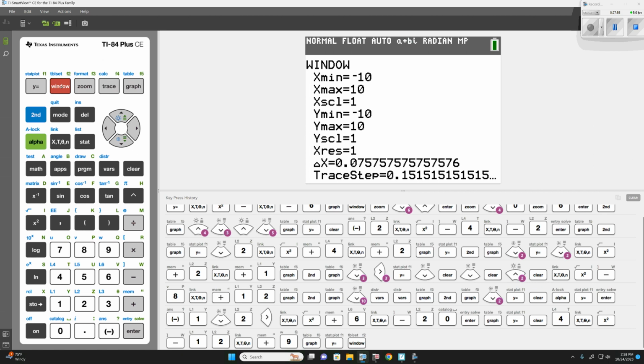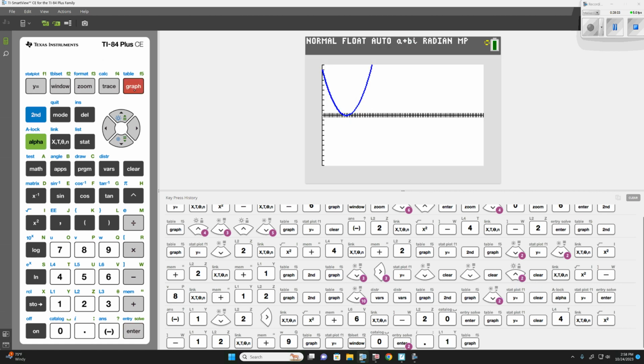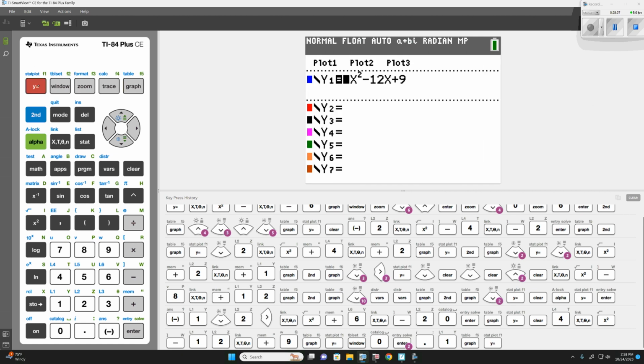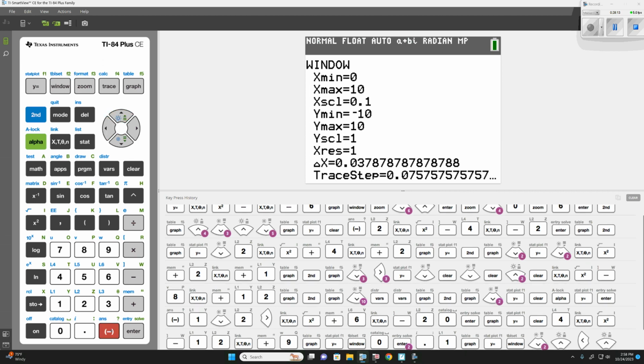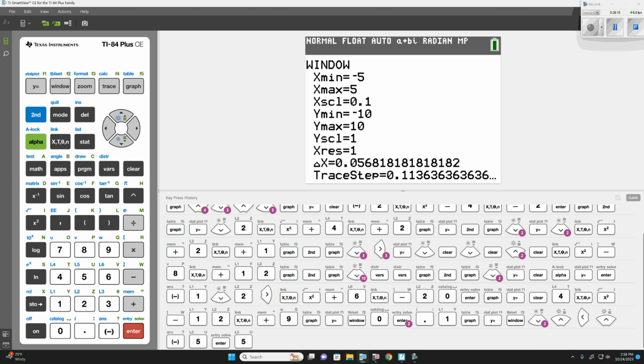Let's do 0 to 10 by 0.1. Window. Actually, let's go from negative 5 to 5.